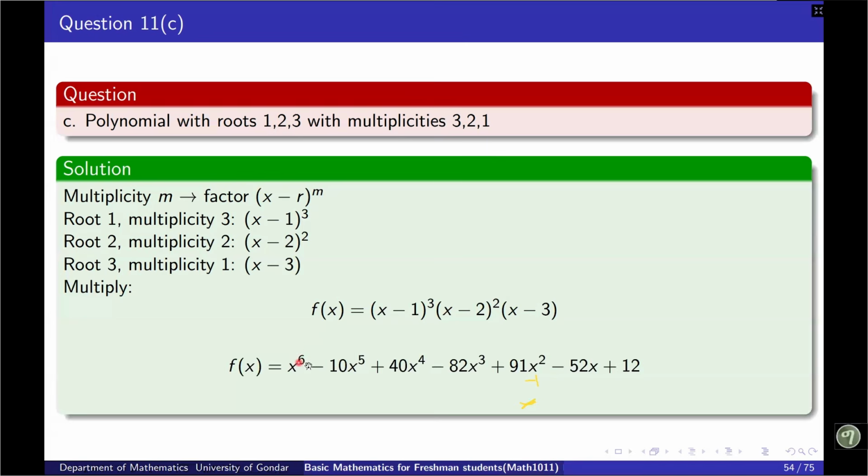This 6 is simply the sum of the multiplicities of all the roots of the polynomial function, which is 3 plus 2 plus 1, exactly 6.